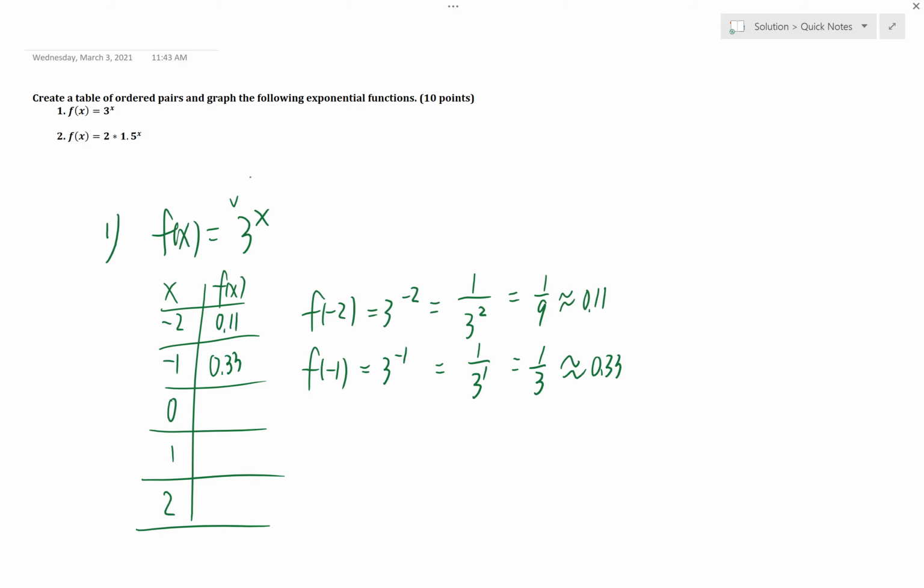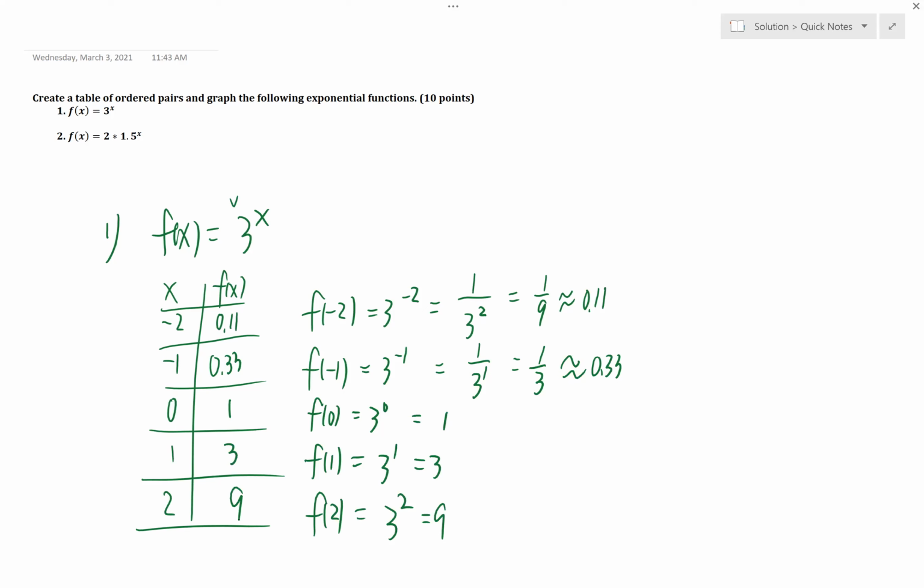So the base determines how rapidly the exponential function increases. f of 0 is 3 to the 0 power, which is 1. Any number raised to the 0 power is 1. Then f of 1 is 3 to the first, 3. And f of 2 is 3 to the second, 9.